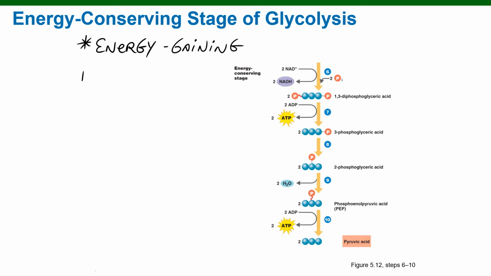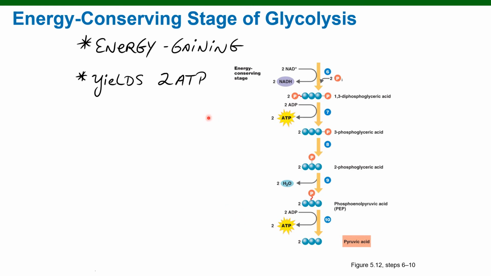And overall, by the time all 10 steps are complete, glycolysis will yield a total of 2 ATP. So in the previous slide, with the first 5 steps, we saw 2 ATP used, but then during these last 5 steps, we can see that 2 ATP are yielded here, and then 2 more ATP are yielded here.